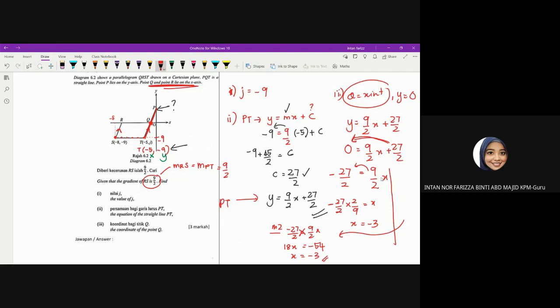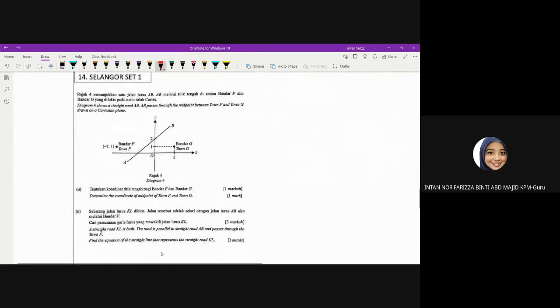Sama sahaja. Okay. Alright, so that's dia minta coordinates. Okay, belum habis lagi. So since this is the value of the X-intercept, so since dia nak minta coordinates, so it will be negative 3, 0. Done.